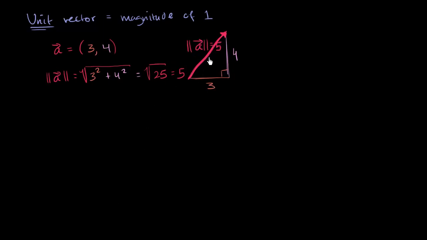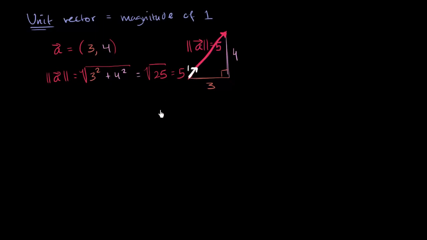So this is clearly not a unit vector. It has a magnitude of something other than 1. But let's say we wanted to construct a unit vector that has the same direction as A, but has a length of only 1. Another way of thinking about it, let's say we wanted to figure out a vector that goes in the exact same direction, but has 1/5 the magnitude.